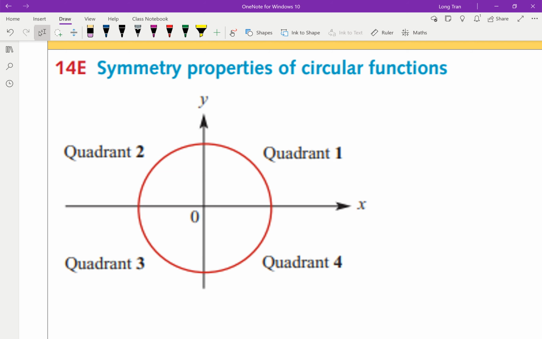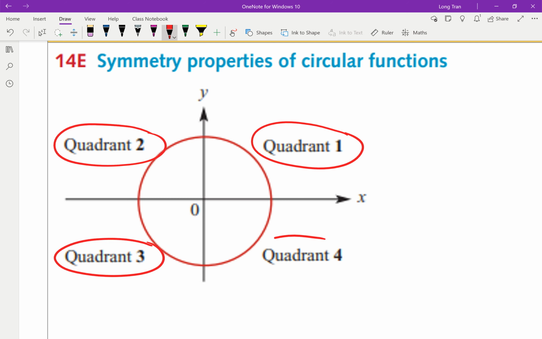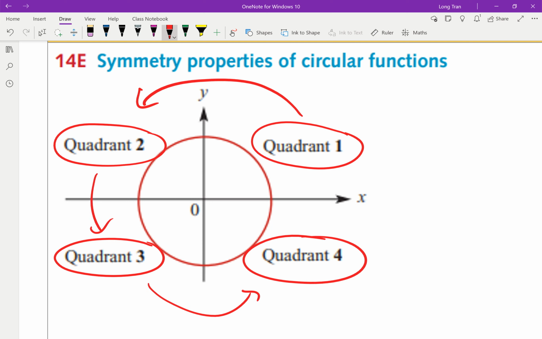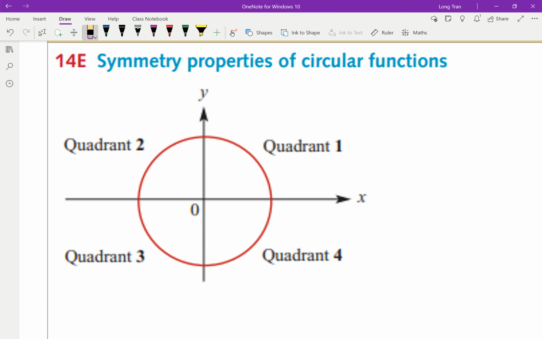Okay, so let's have a look at this one here. As an example, in this unit circle, notice they call it quadrant 1, quadrant 2, quadrant 3, and then quadrant 4. Notice that it's going in an anti-clockwise fashion. That's because the angle that we generally work with conventionally, positive angle, is anti-clockwise.